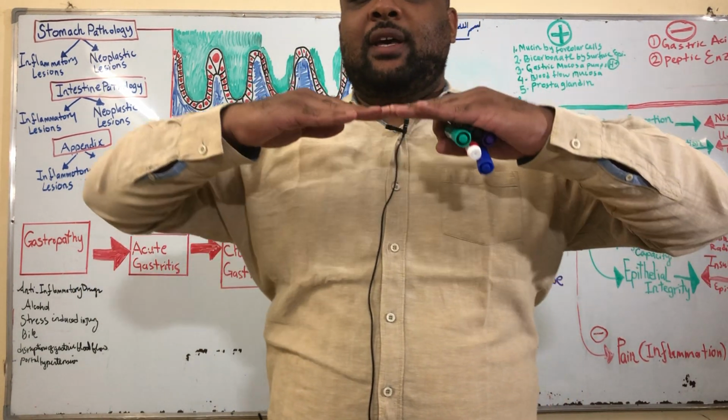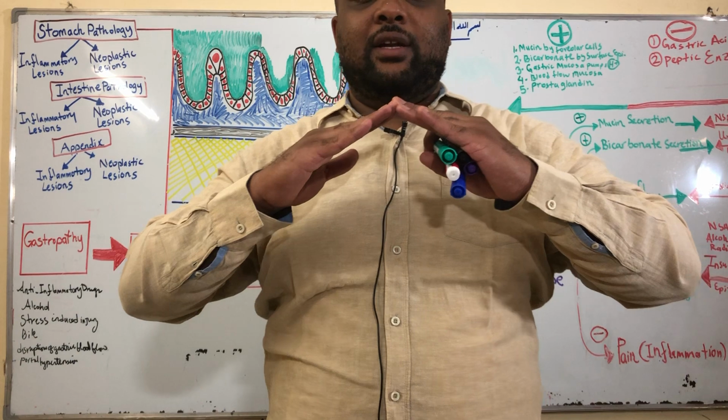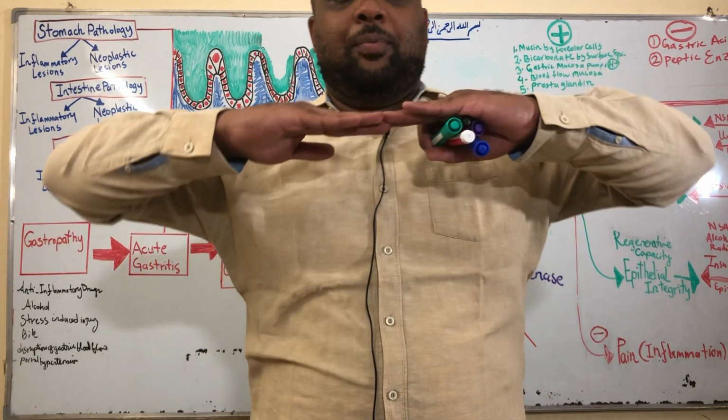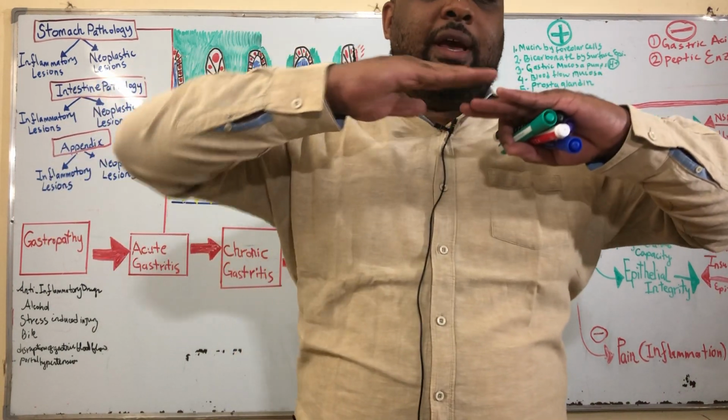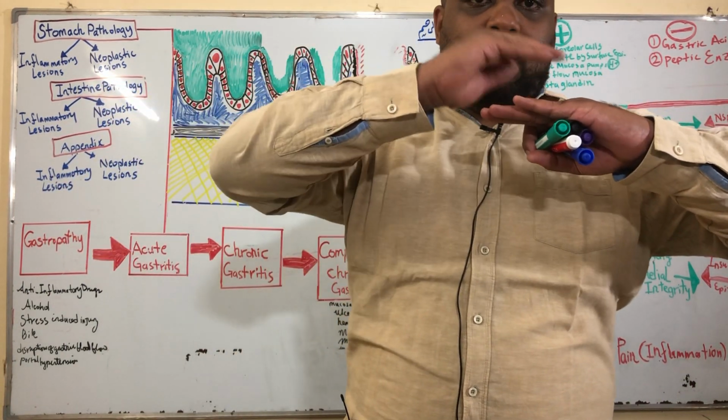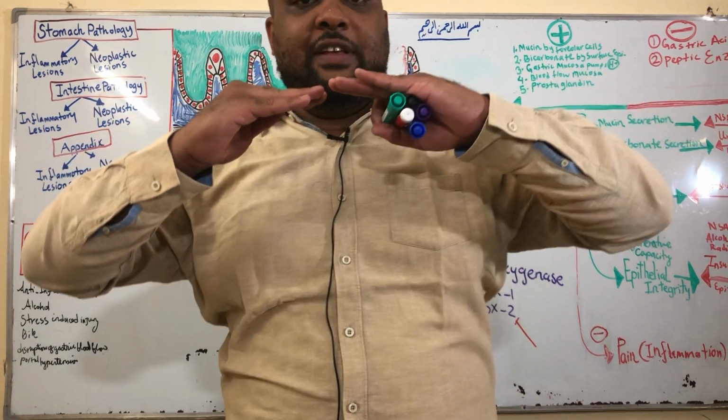causes these injuries. But you must have in mind, we have two things fighting. You have the acid trying to injure and harm the stomach, and you have protective defense mechanisms.